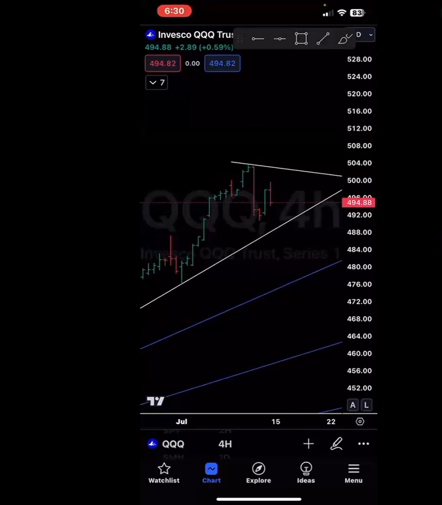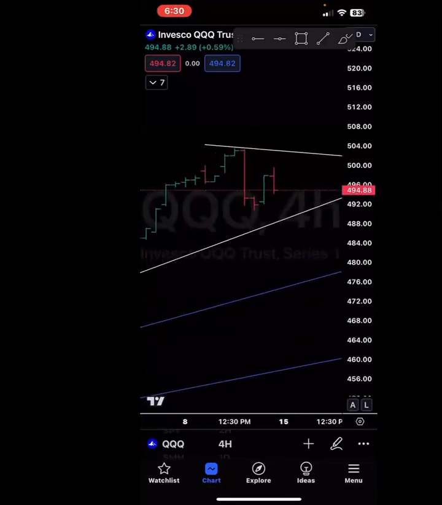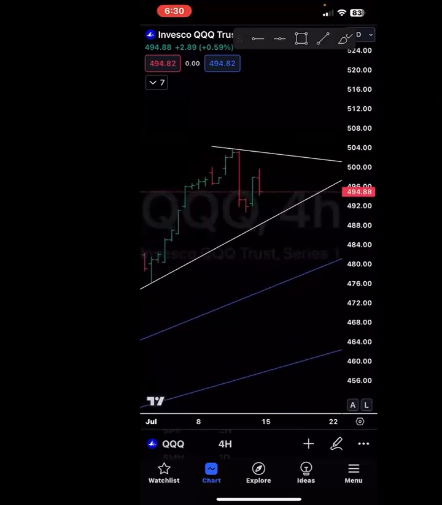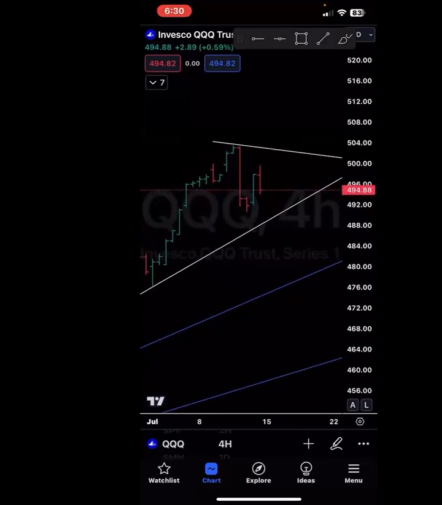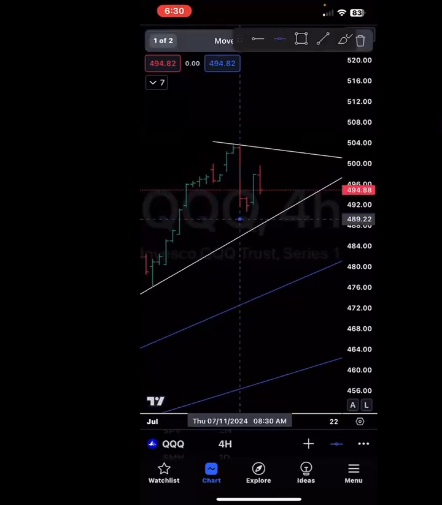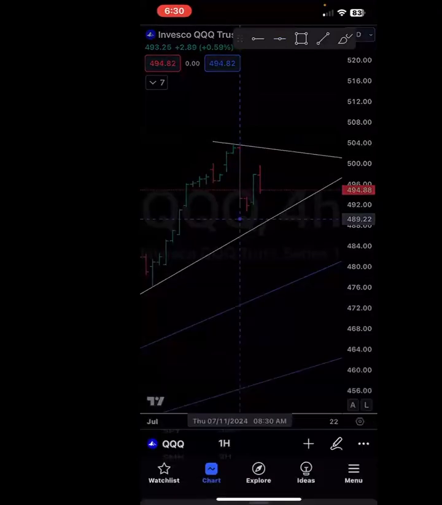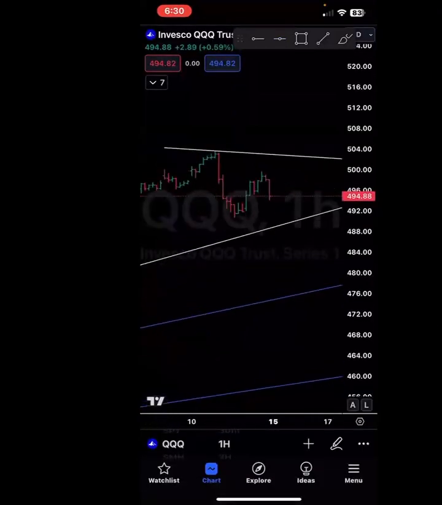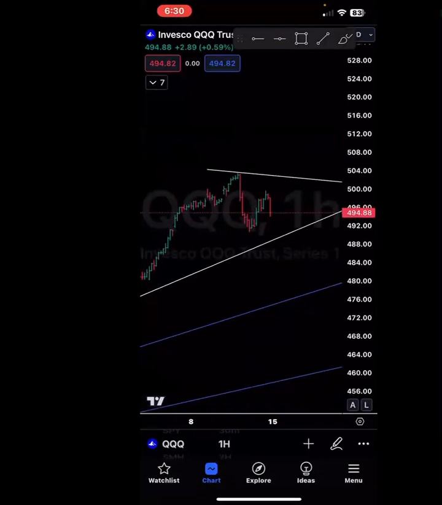So now that we're somewhere in here, I'm going to start finding my support levels. Normally I look for a cluster of accumulation. So one of the levels right now that I see on a 1 hour will be this.